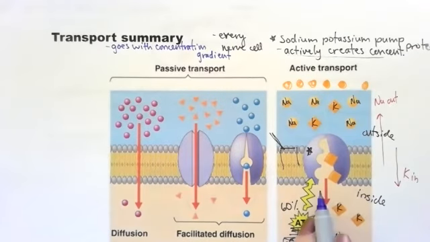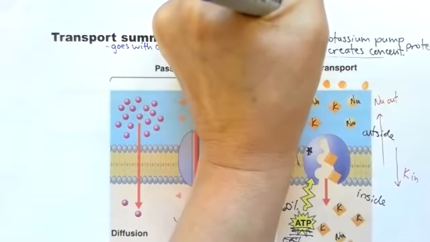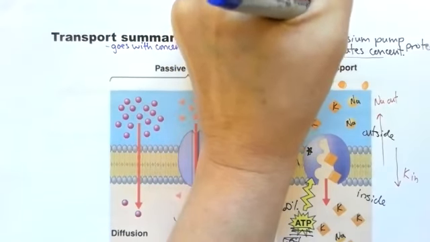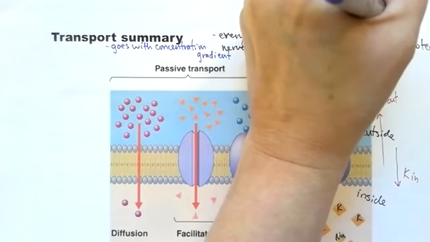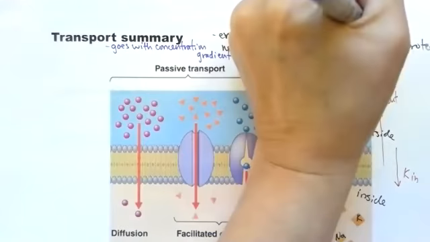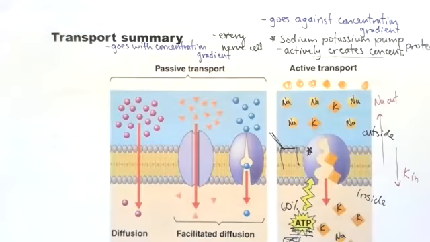But this active transport sodium potassium pump goes against the concentration gradient. Because we don't go from high to low. We go from a lower concentration to higher. We make it more concentrated.